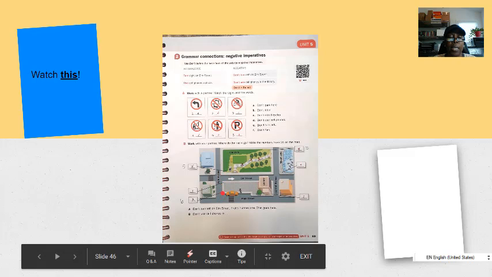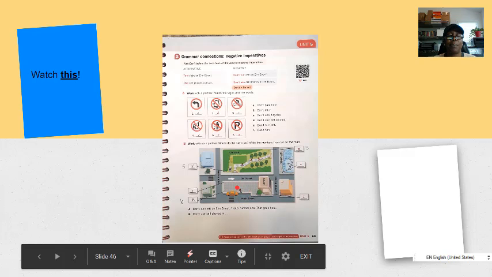Now right here, they actually had this as number 3, which is don't ride your bikes, but that's not correct. This is actually number 6, which is don't park here. And the reason we know that this is number 6 is because you have someone parked here.